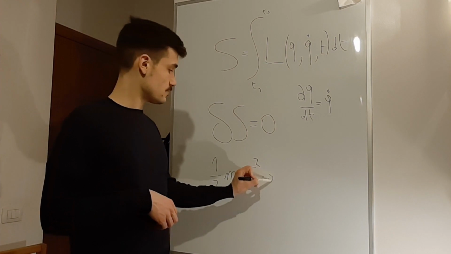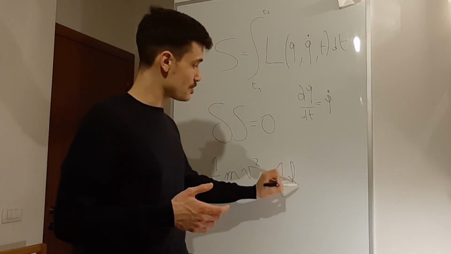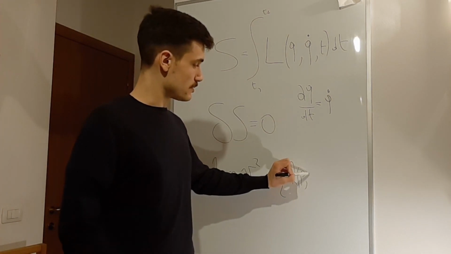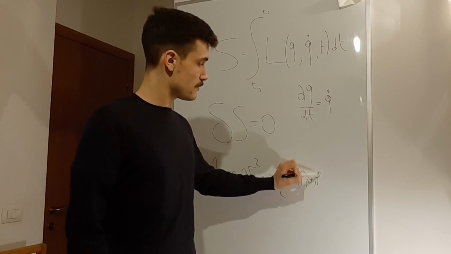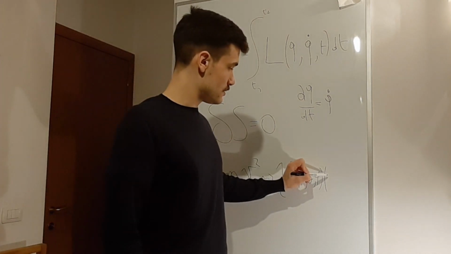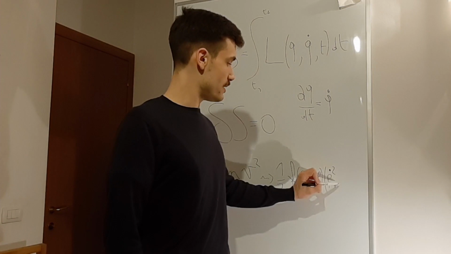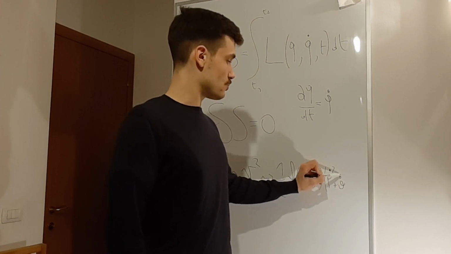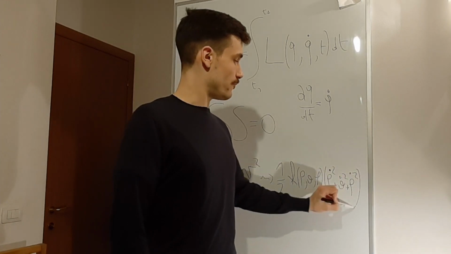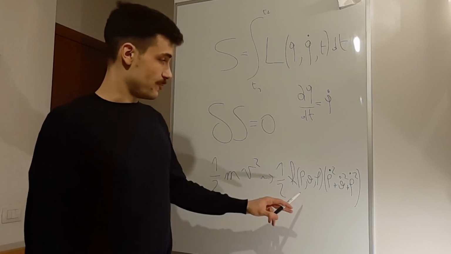In fact, it would become an expression where you have 1/2 a function of coordinates, so radius and the two angles, times the time derivative squared of the radius plus the time derivative squared of theta plus the time derivative squared of phi. So this isn't the same thing anymore.